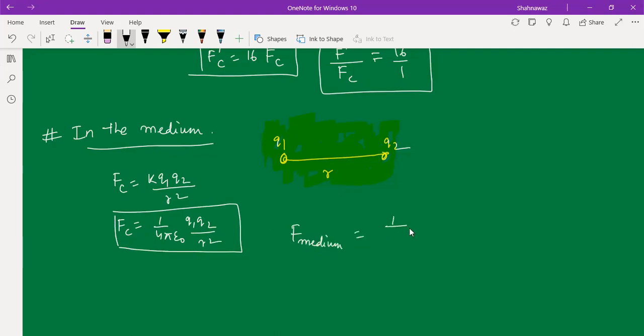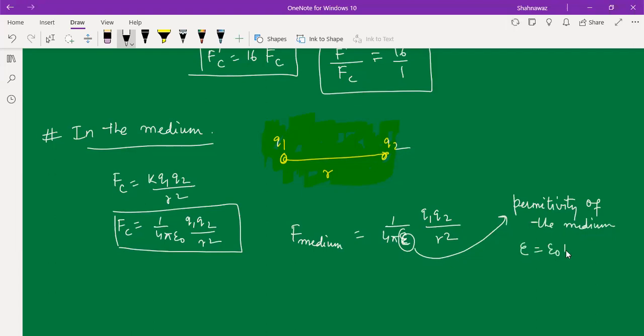The new force becomes 1 by 4 pi epsilon, and this is Q1 Q2 by R square. This epsilon is the permittivity of the medium, and this epsilon is epsilon naught K, where K is the dielectric constant.